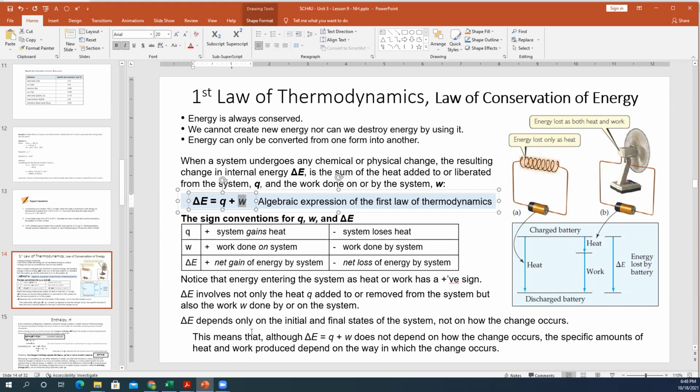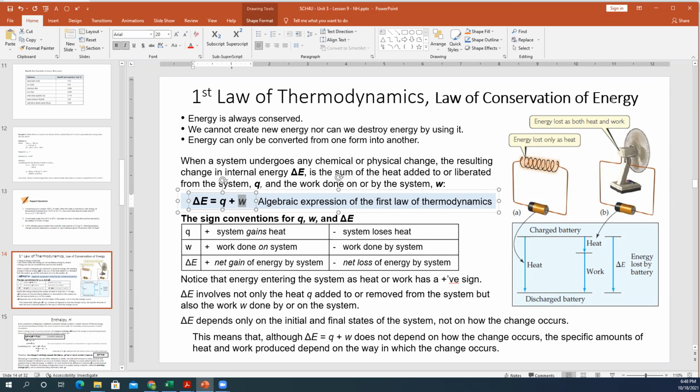And that delta E depends only on the initial and the final states of the system, not on how this change occurred. This means that although delta E is equal to Q plus W, the specific amount of heat and work produced depends on the way in which the change occurs.